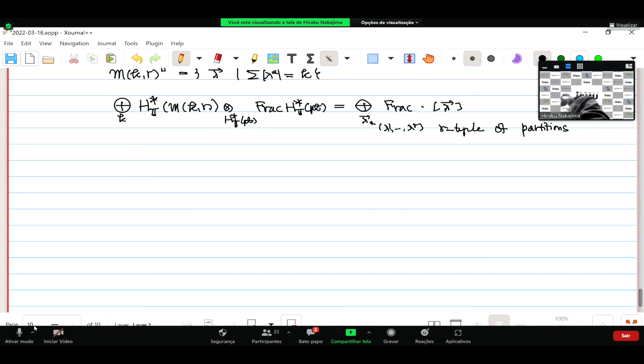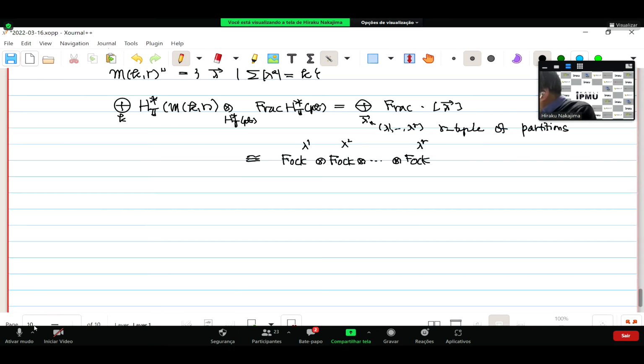From this, you observe that if you have one partition, it is isomorphic to the Fock space, so this is isomorphic to Fock space tensor Fock space. Each partition contributes one Fock space. This corresponds to lambda 1, this to lambda 2, and this to lambda r.